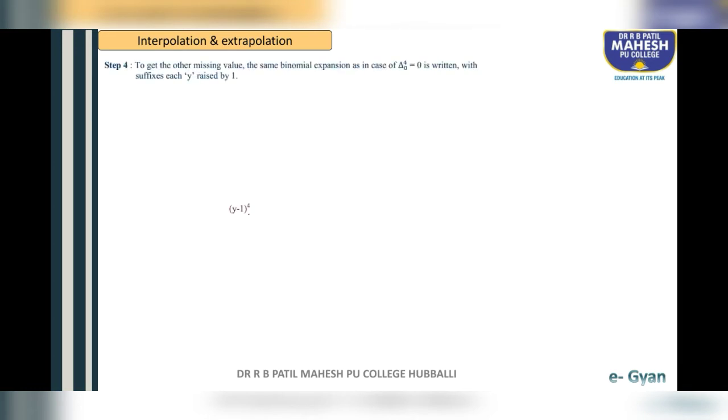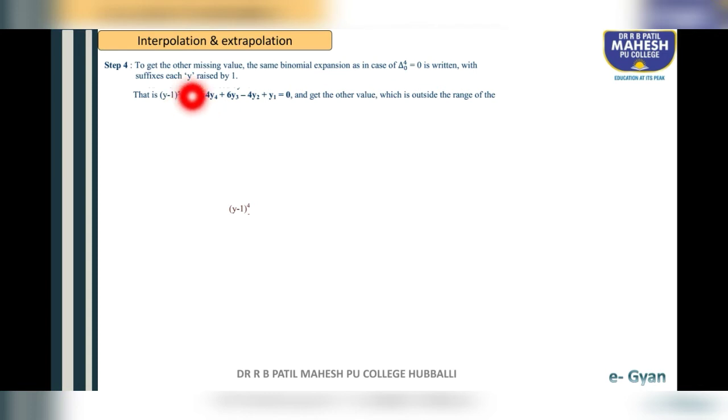After writing the series, the fourth step is to get the other missing value. The same binomial expansion as in the case of delta raised to 4 y0 is equal to 0 is written with suffixes of each y raised by 1. For example, y minus 1 raised to 5 is equal to 0. For the second equation, all of it is constant, but you have to increase each suffix by 1.